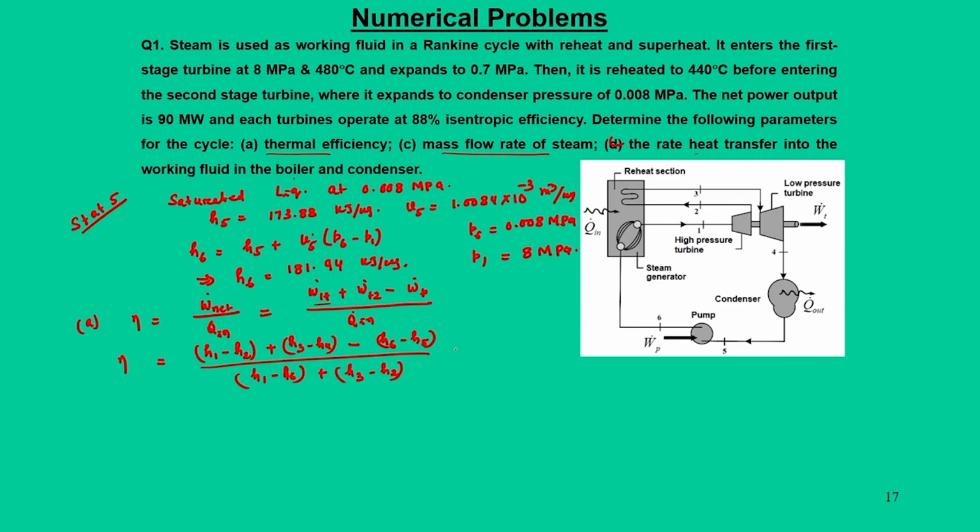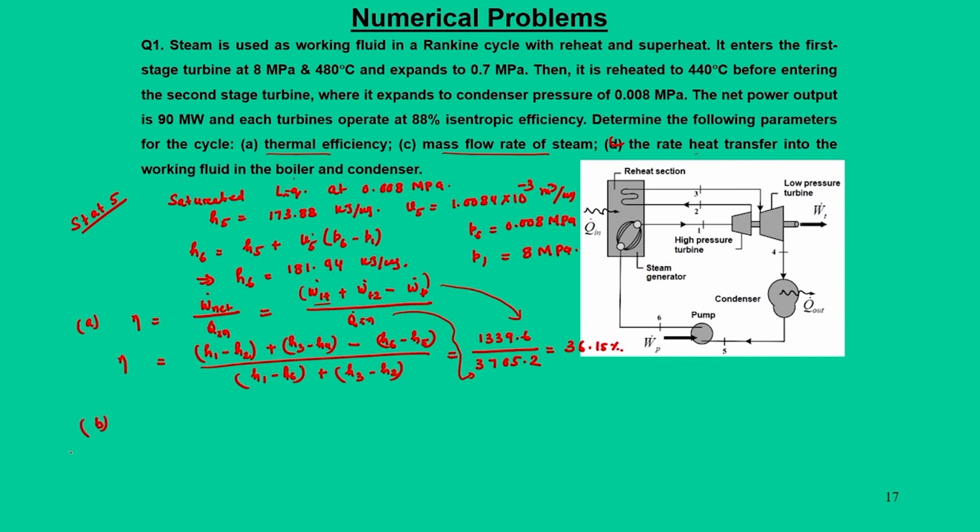All the numbers we have evaluated, and we rewrite this as 1339.6 divided by 3705.2. This part goes as W_net, this part goes as Q_in, and the efficiency is about 36.15%.